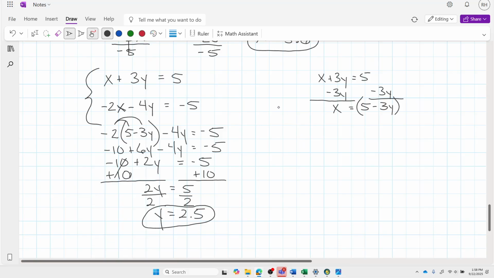Go back to this equation, the x equals equation, and substitute 2.5 for this y. So x is equal to 5 minus 3 times 2.5. So our x is equal to 5 minus 3 times 2.5. It's negative 2.5.